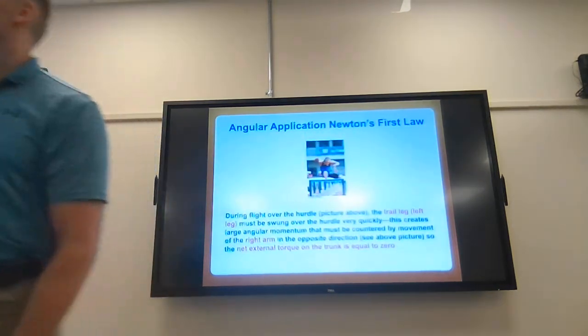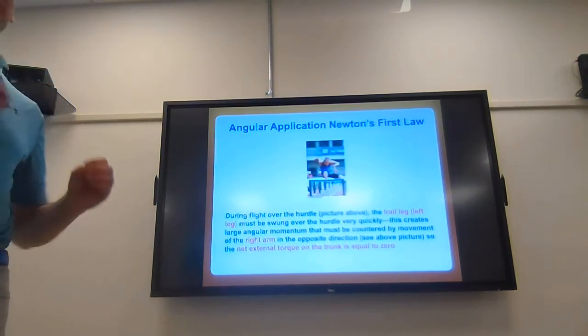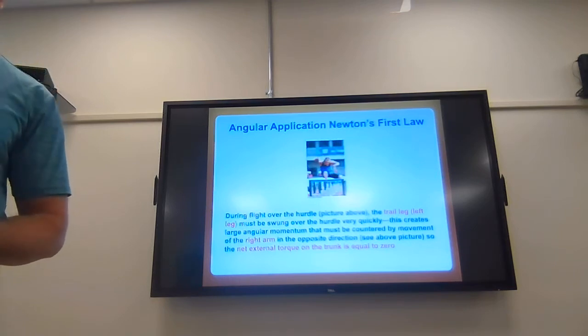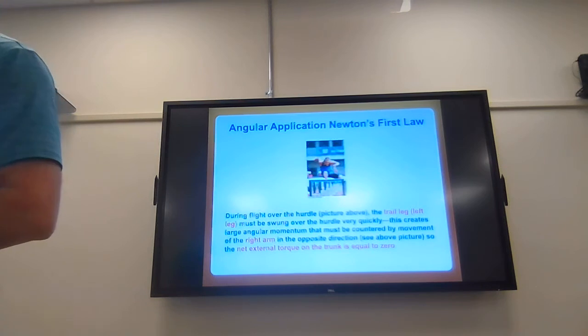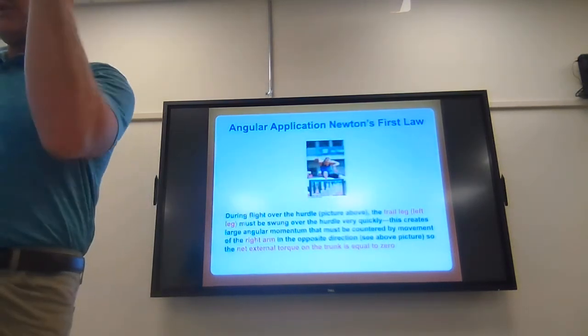Again, Newton's first law: to keep the torso from rotating, we have to have equivalent what? Around the body's axis, we have to have equivalent torques. So the net torque acting on the body has to be equal to 0. That's what we want. If we have one leg that's up here, we want one arm up here.